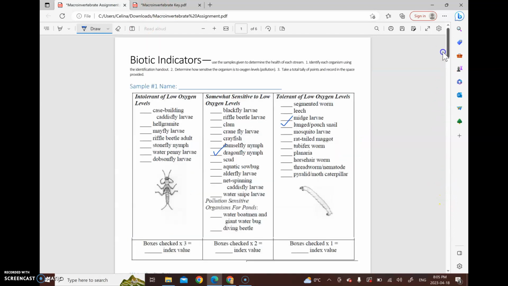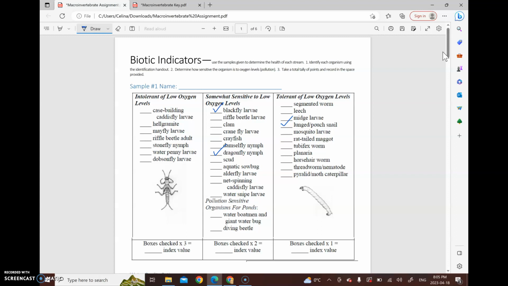If I looked at my chart, found black fly larva, oh, there we go. It is another somewhat sensitive to low oxygen levels.